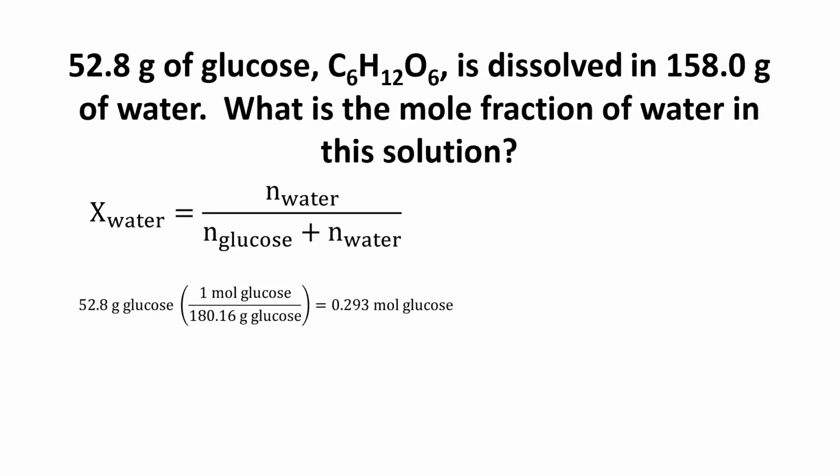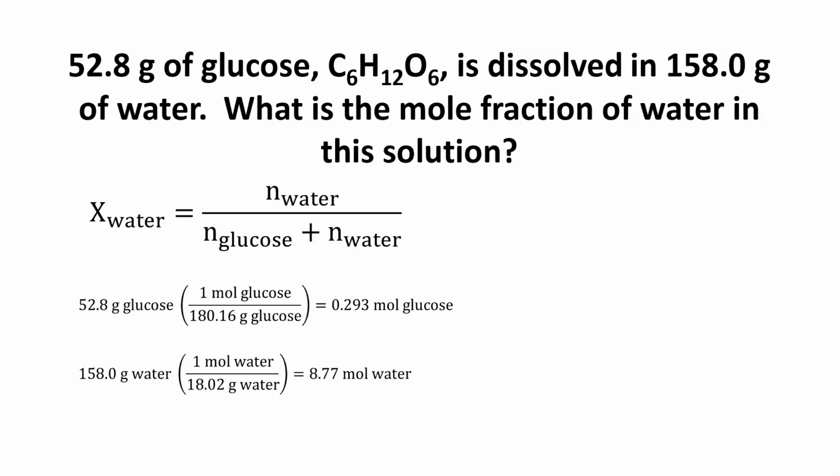So when we do that for glucose, we get 0.293 moles of glucose. And when we do the same calculation for water, starting with its mass and its molar mass of 18.02 grams of water per mole, we get 8.77 moles of water.